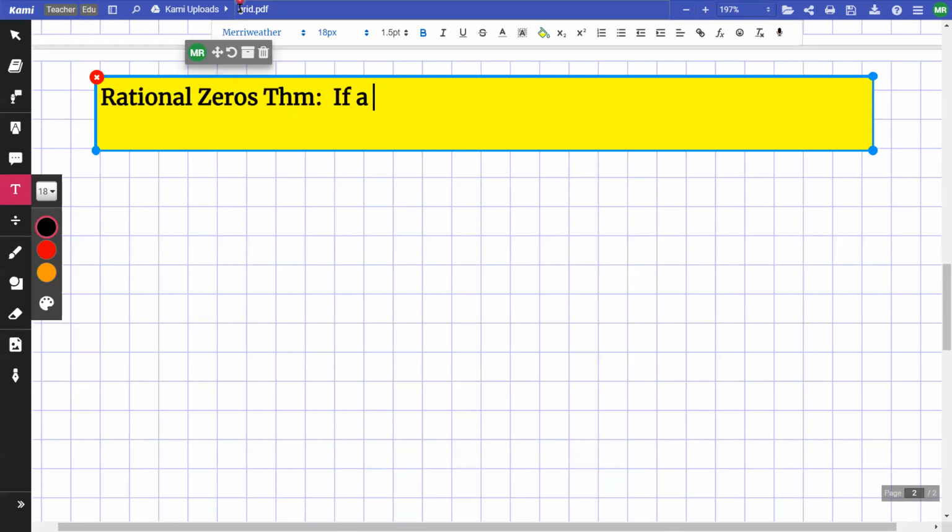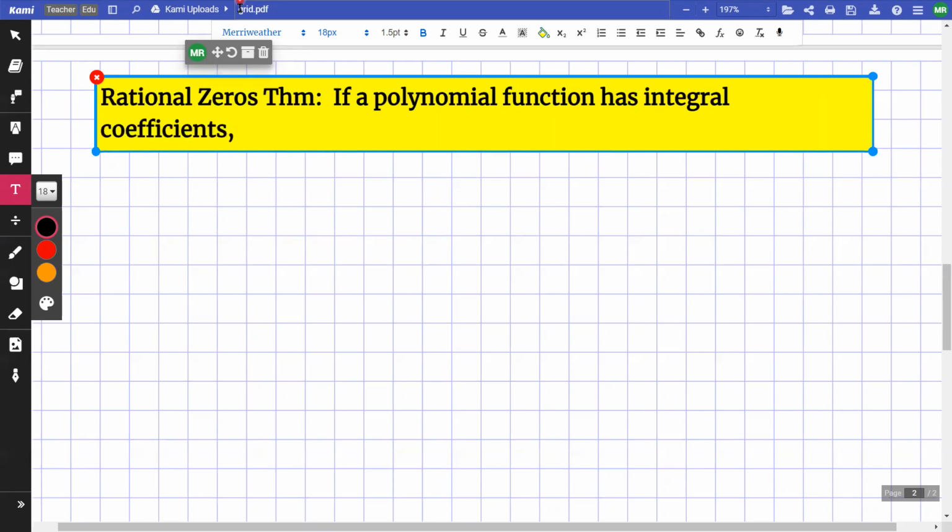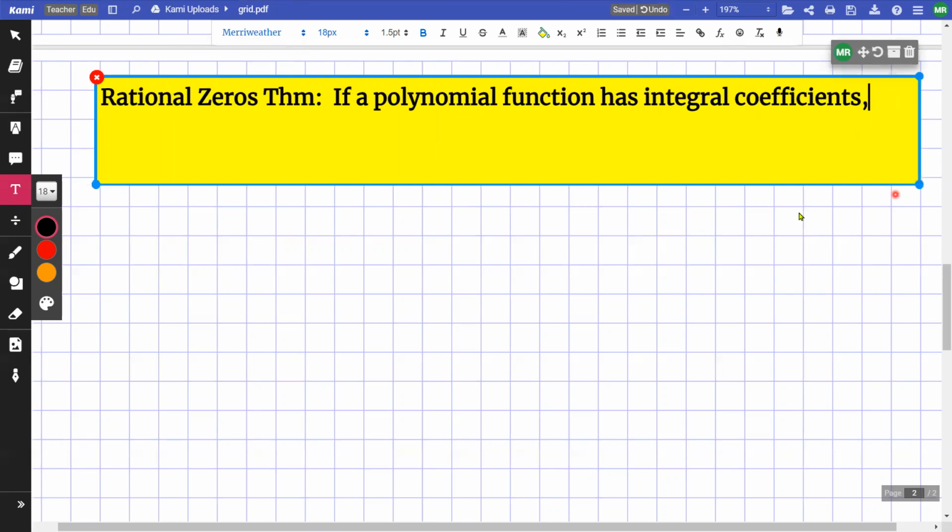If a polynomial function has integral coefficients, which means integers for the coefficients, not fractions or decimals, or imaginary.